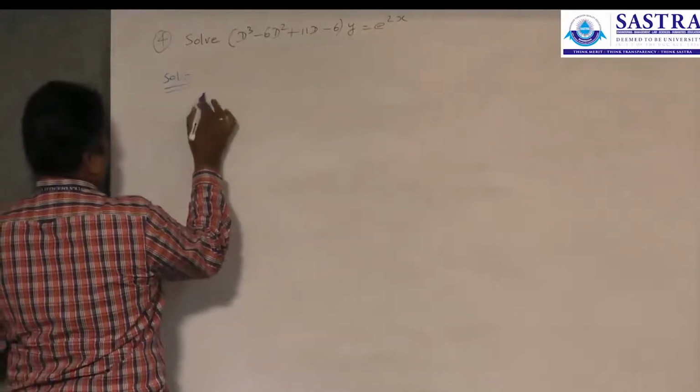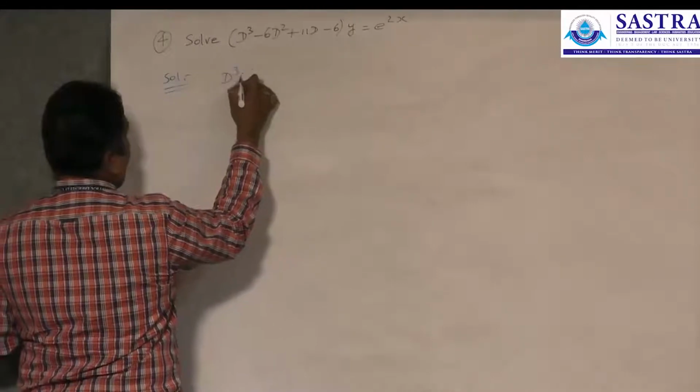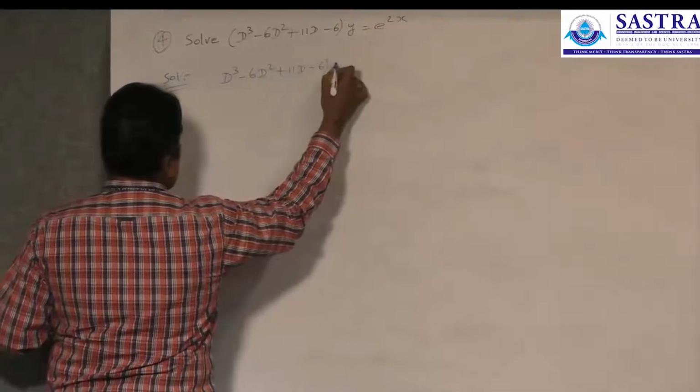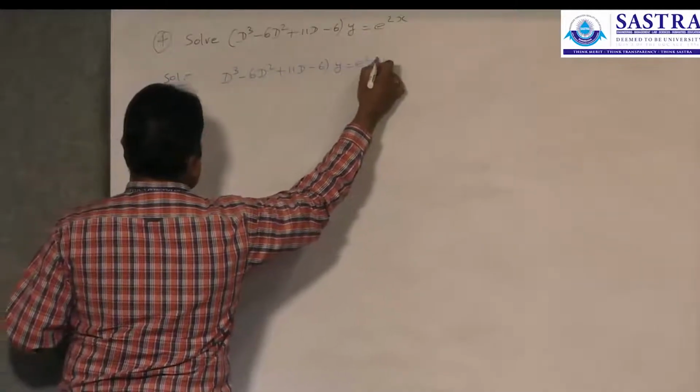Write out the given equation. Given equation is D cube minus 6D square plus 11D minus 6, whole thing into y, is equal to e power 2x.